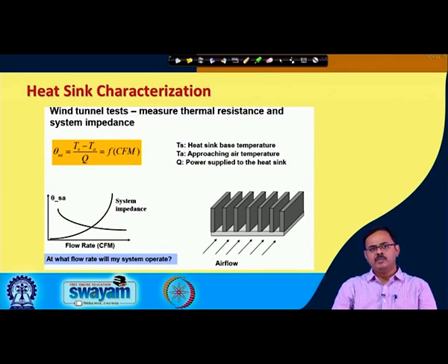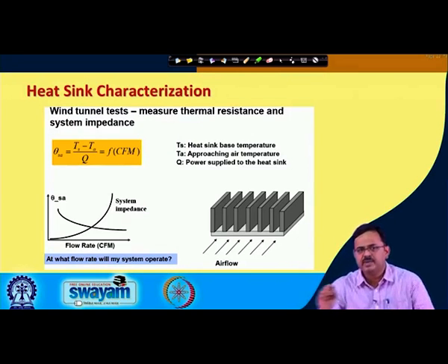More importantly, it is going to depend on the velocity of the air flowing through the passages between adjacent fins. Intuitively, if we have more air flowing through, or air flowing at a higher speed, then my cooling will be better, which means my thermal resistance from the sink to ambient is going to be lower.